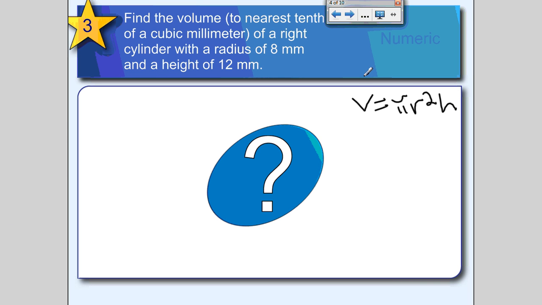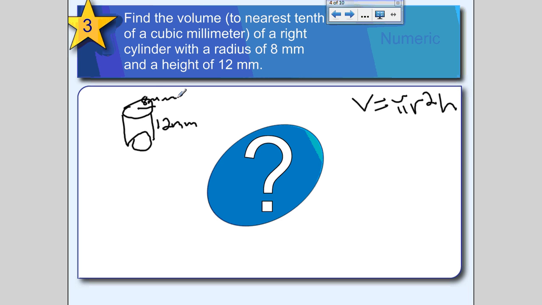Alright, the next one. I've got to start putting pi in here. We're finding the volume of a right cylinder with a radius of 8 millimeters and a height of 12 millimeters.